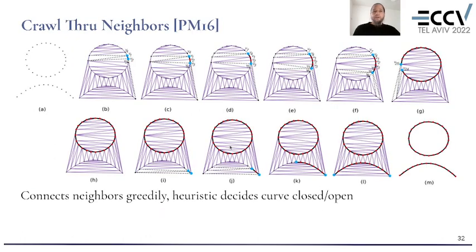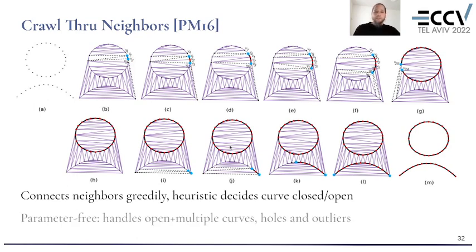Next algorithm was proposed by Giesen, connecting neighbors. It connects neighbors greedily, and the heuristic decides whether the curve becomes closed or remains open, and this is parameter free. It can handle open and multiple curves, also holes and outliers.